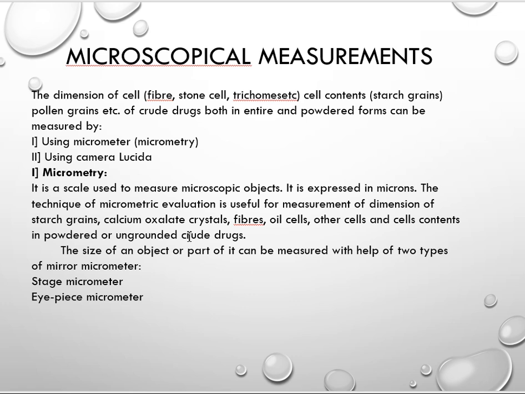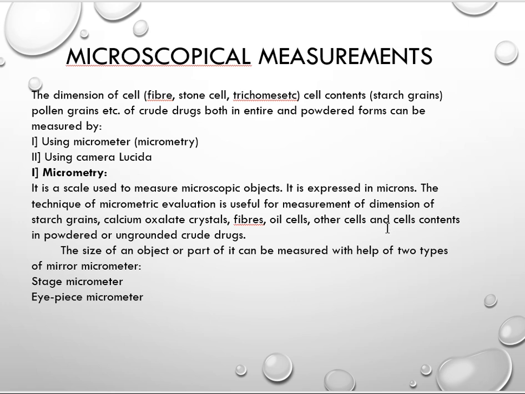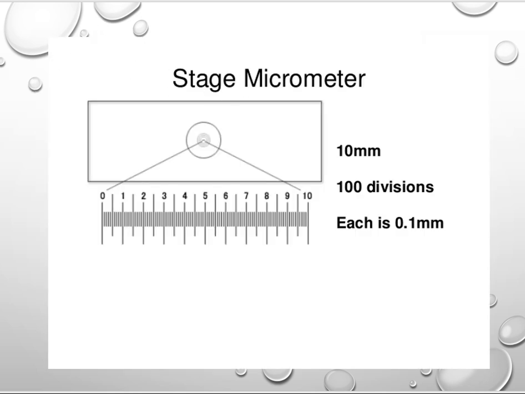The size of an object and part of it can be measured using the stage micrometer or the eyepiece micrometer, that is ocular. You can see stage micrometer ऐसा होता है in which one division is equal to 0.01 millimeters. और यहाँ जो होती है that is a scale present. ठीक है, ये stage micrometer है which is used in micrometry for the evaluation of your dimensions of various organized crude drugs.